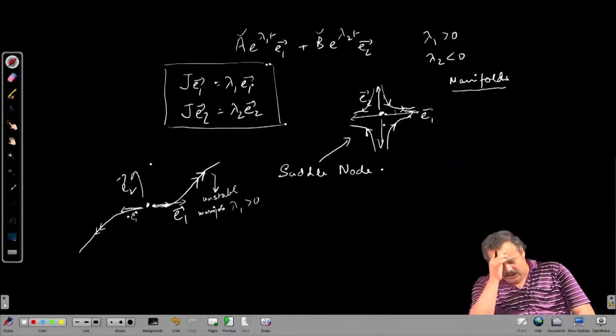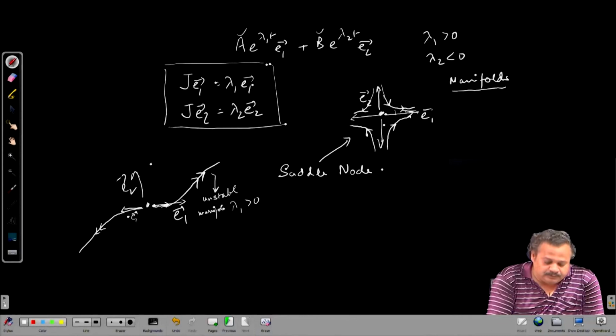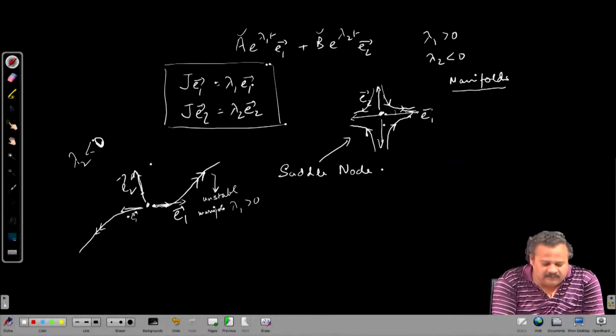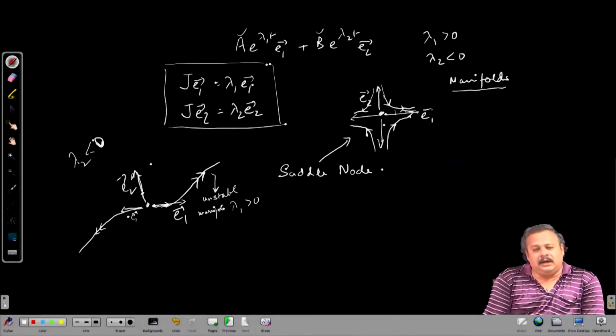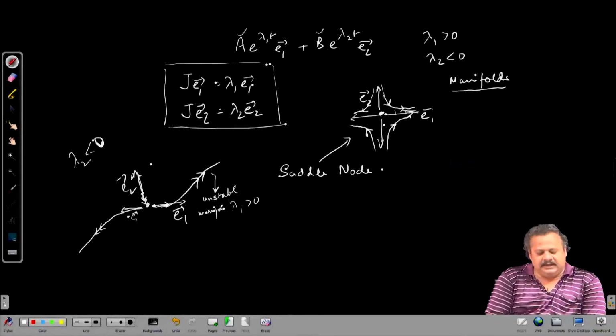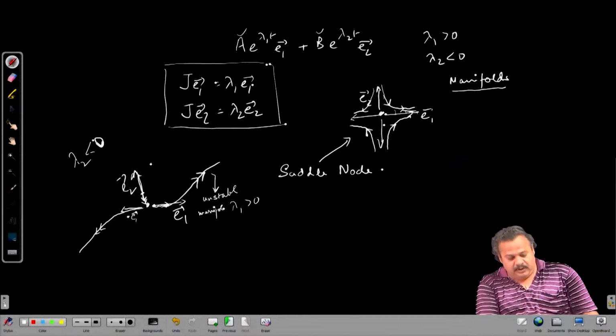The other is, if we have E2, if we start slightly away from the equilibrium point along E2 or along minus E2, so let us say this is our E2 and our lambda 2 is less than 0, then if I start very close by the equilibrium point and leave it there, the system will go directly into this saddle node, because that is the linear behavior near the equilibrium point, and that is the trajectory it is supposed to follow.